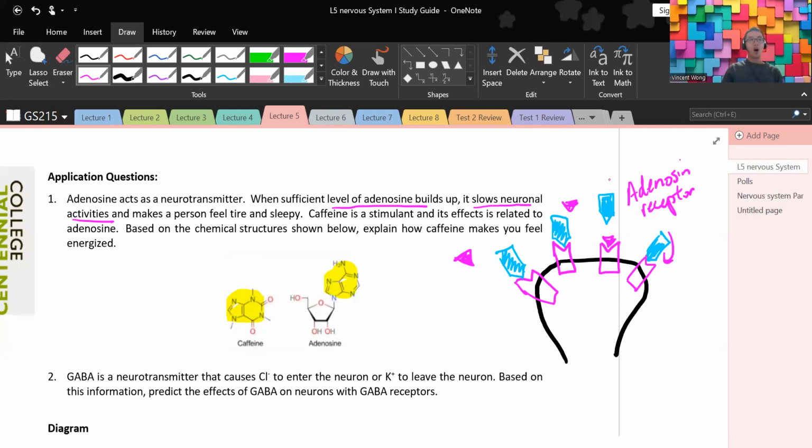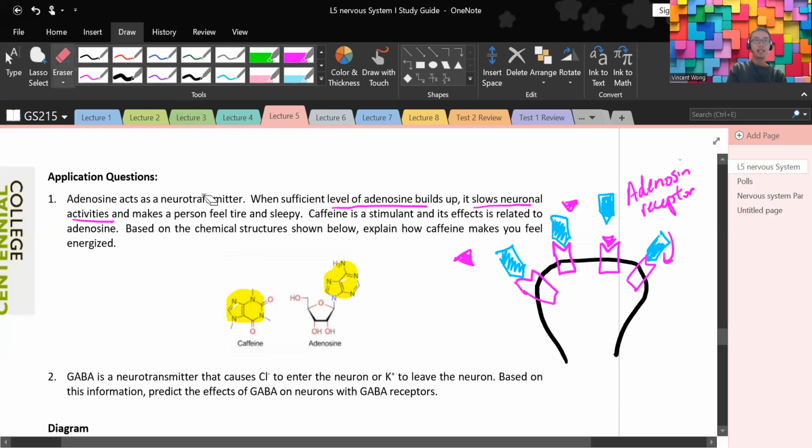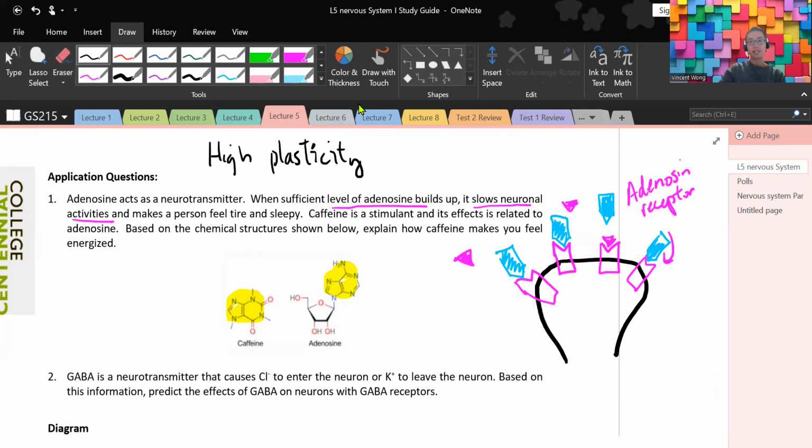All right. So here is something that we should think about. Your brain has high plasticity. What that means is, it's not a static organ, right?